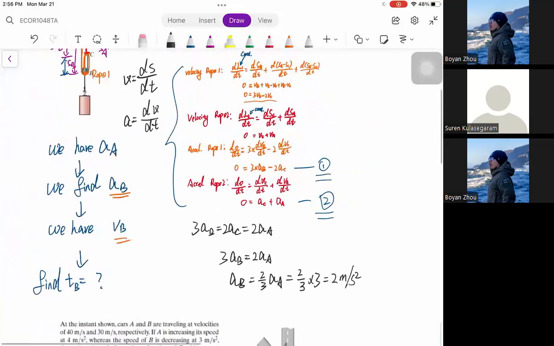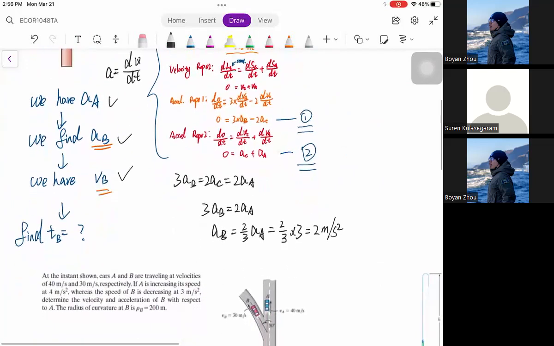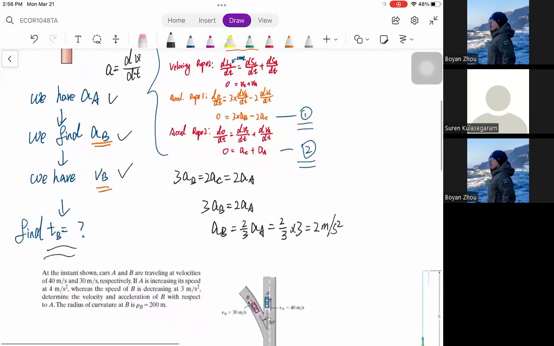So now we finished our first step, finished our second step, and the third one is already given. We just need to find out the last step. We know the acceleration at point B is equal to 2 meters per second squared. We know the speed at point B is equal to 10 meters per second. And how long does it need to actually reach the speed?